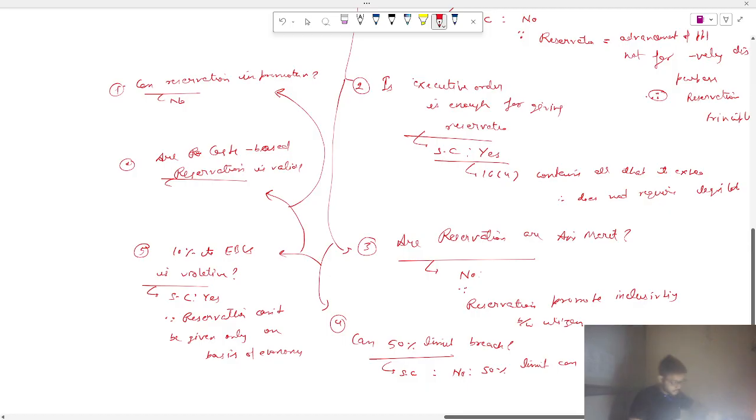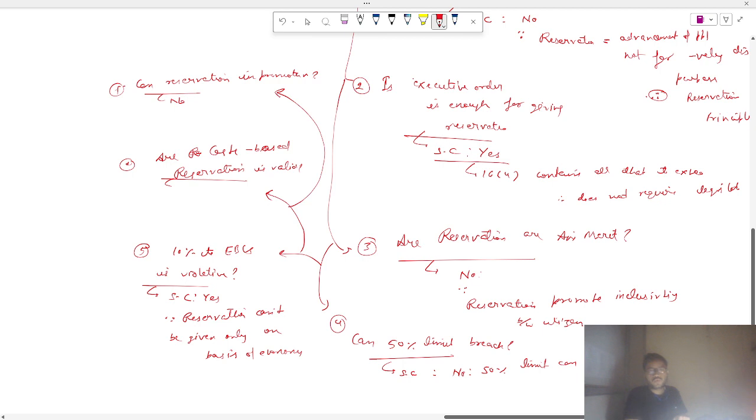Now, one more question has been asked in the Supreme Court. Let's suppose in this particular year 27% reservation has been given to the SC and ST communities. Now let's suppose the seats have not been filled by the SC and ST community.